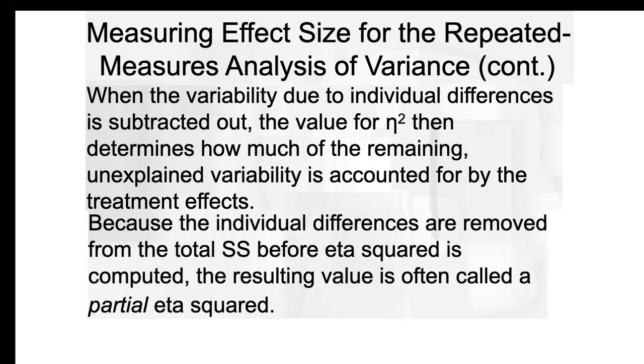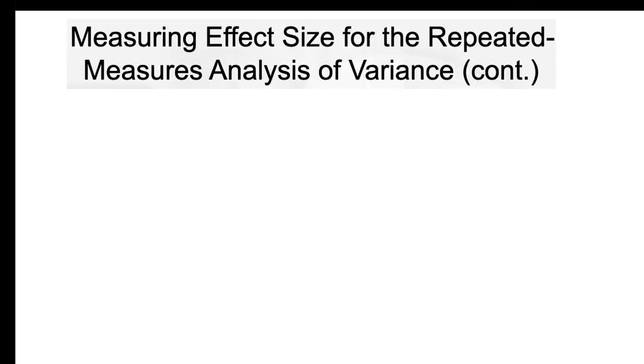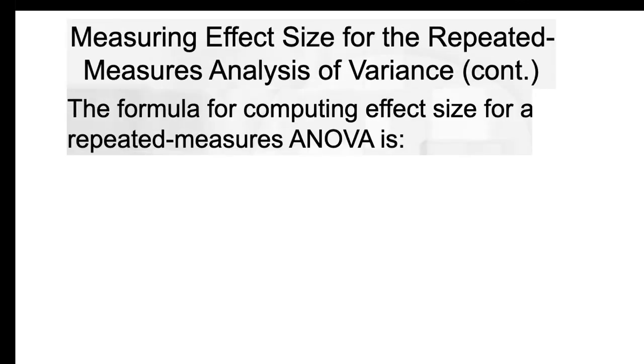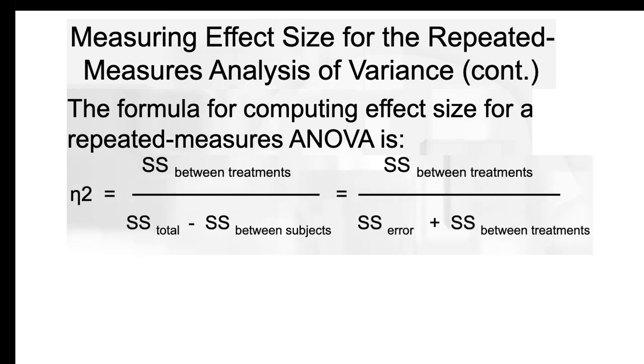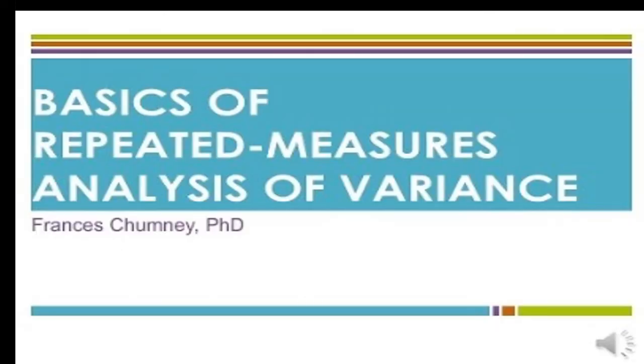Because the individual differences are removed from the total SS before eta squared is computed, the resulting value is often called a partial eta squared. The formula for computing effect size for a repeated measures ANOVA is eta squared equals SS between treatments divided by SS total minus SS between subjects, which is equal to SS between treatments divided by SS error plus SS between treatments.